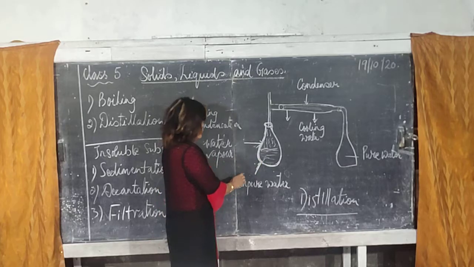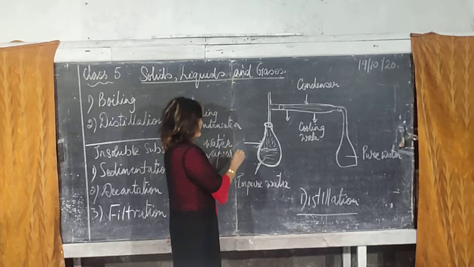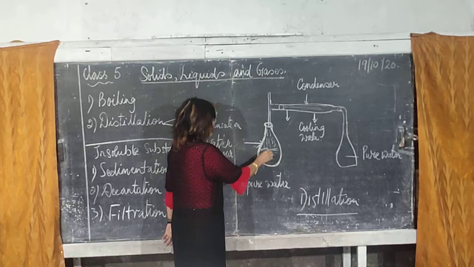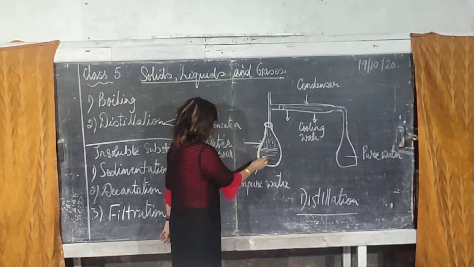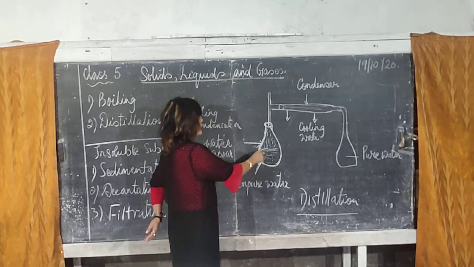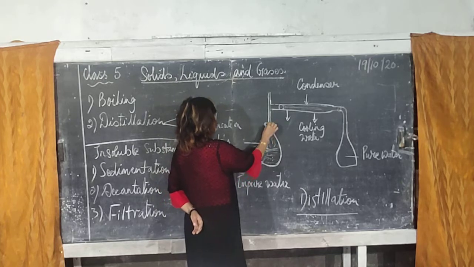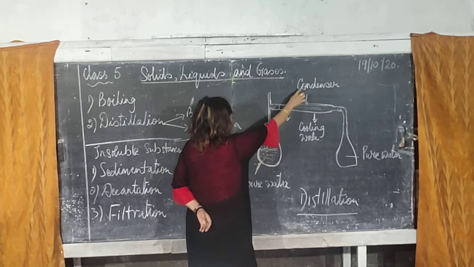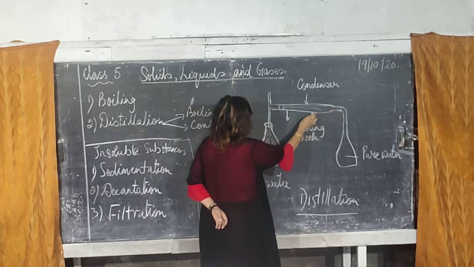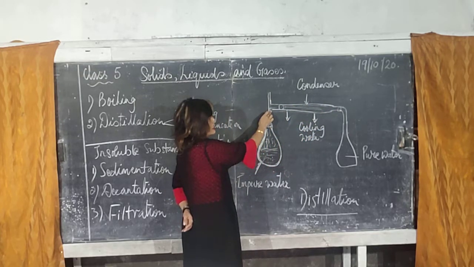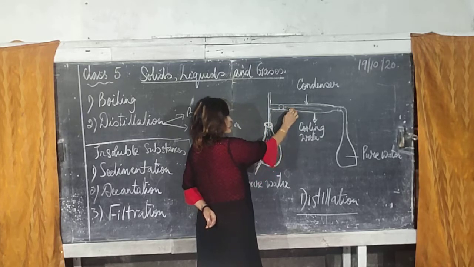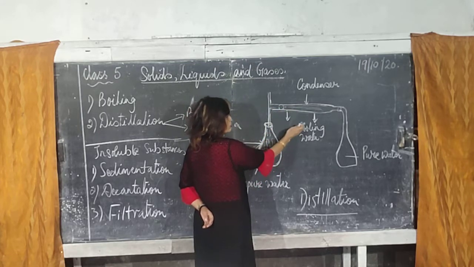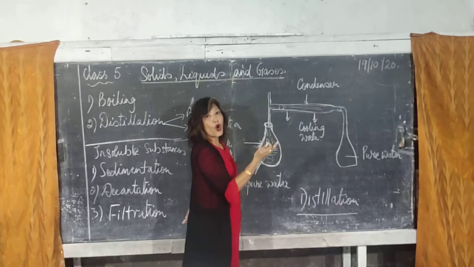Heat this water. So when you heat this impure water, what will happen to the water? That water will change into water vapor, leaving the impurities which are present in this water behind. Then this water vapor will pass through the tube and it will pass to the condenser. Now this apparatus here is called a condenser. Once the water vapor enters this condenser, on cooling it will change back into water.